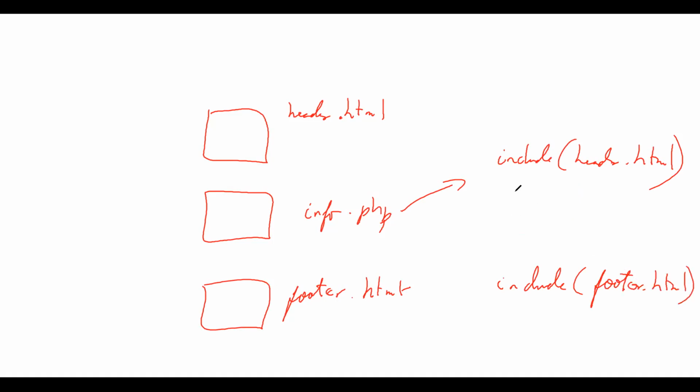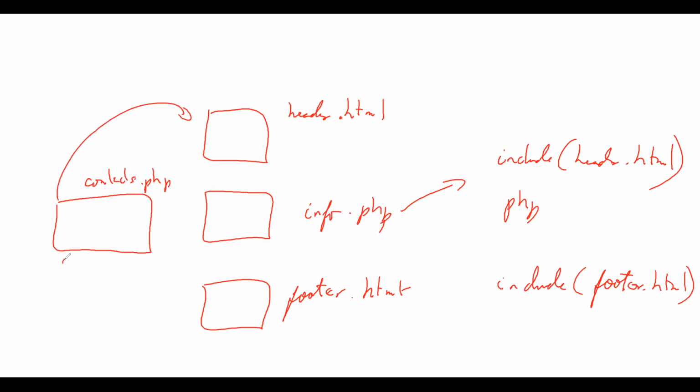And then over here, you have whatever code you want to have in there, PHP code, and so on. What's the advantage of this? The advantage is that you have a second page called contacts.php. This one also can call this header and this footer.